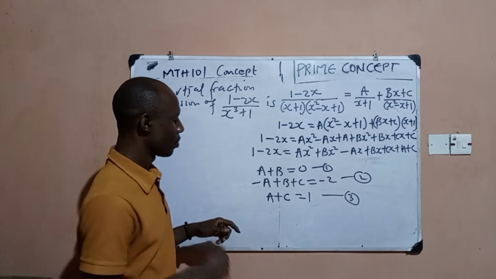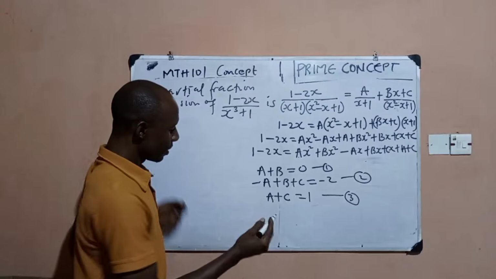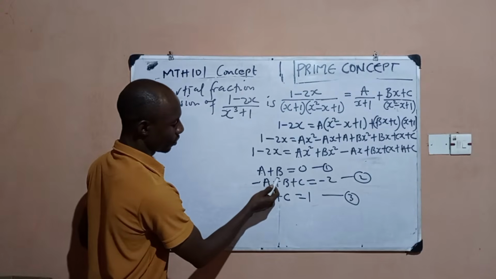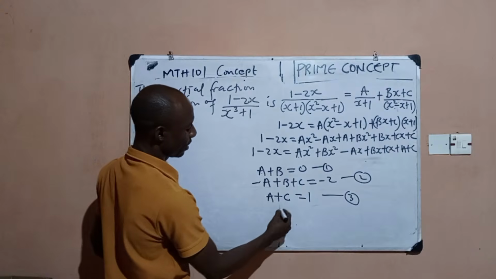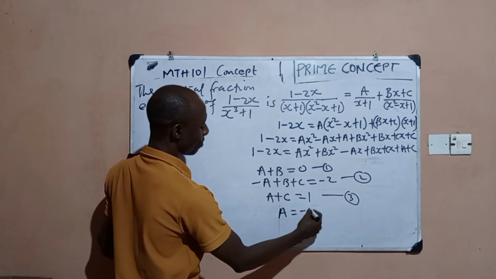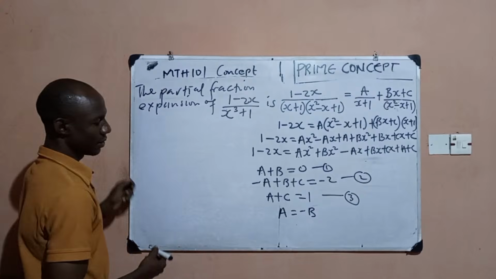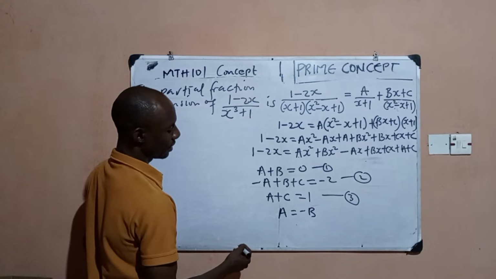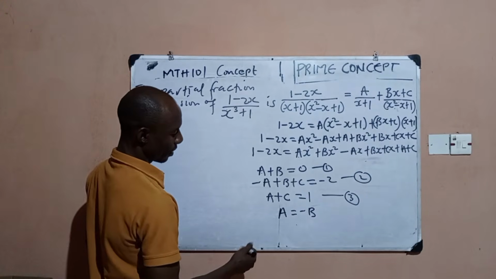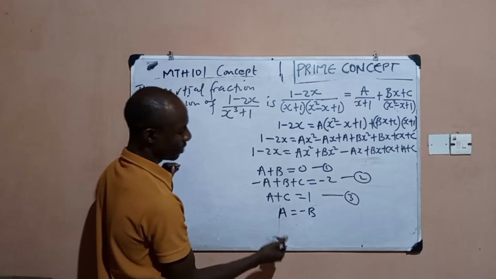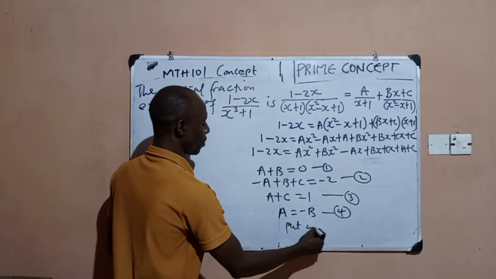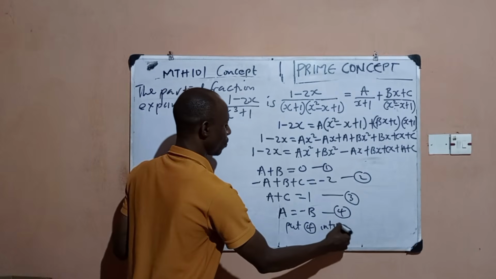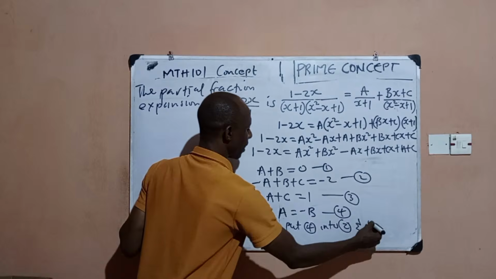So what am I going to do? If a plus b is equal to 0, I can find a, right? So I'll find a is equal to minus b. So if a is equal to minus b, I'm going to call this equation 4, and put 4 into 2 and 3.